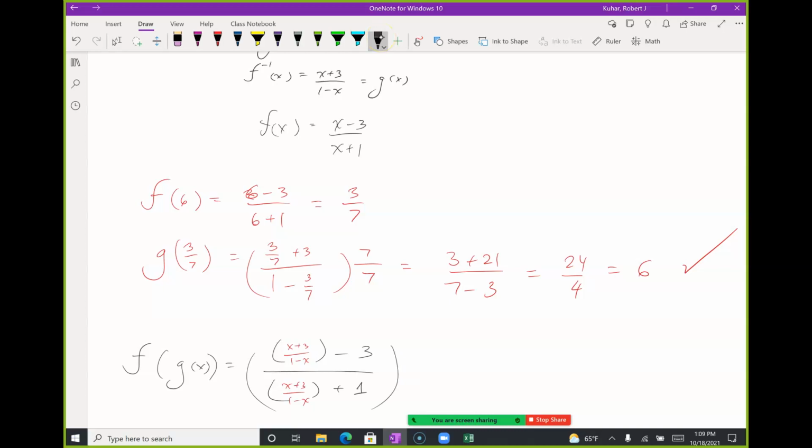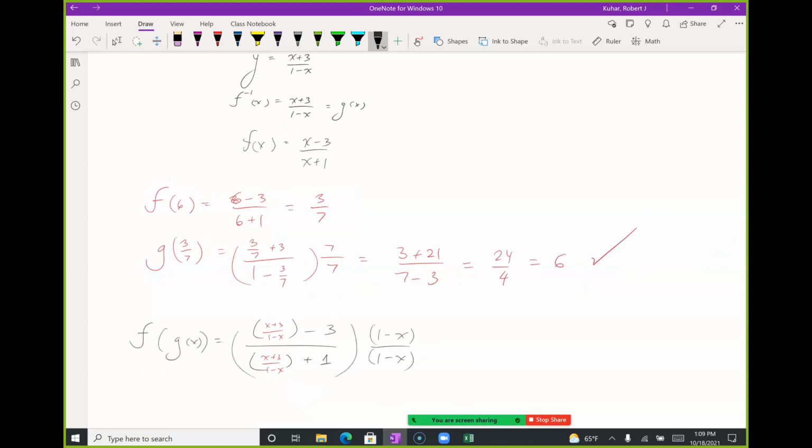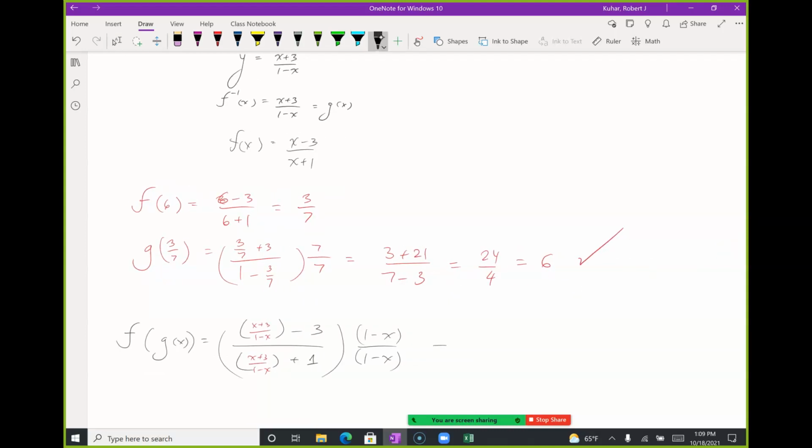But we want to be able to show that work, right? So we take the interior denominators over itself, right? So x plus 3 minus 3 times that 1 minus x, all divided by x plus 3 plus 1 times that 1 minus x. Is everybody okay here? You see what's happening?